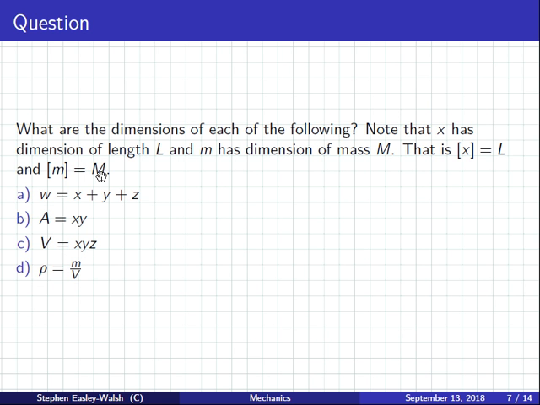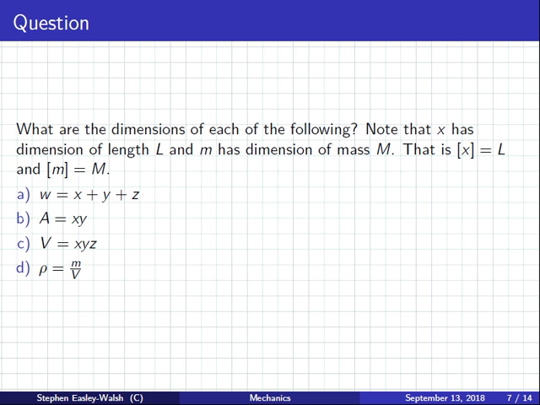M measures mass. And what did we say V was? The V is the same as this V, so length cubed. So this density is mass over length cubed.